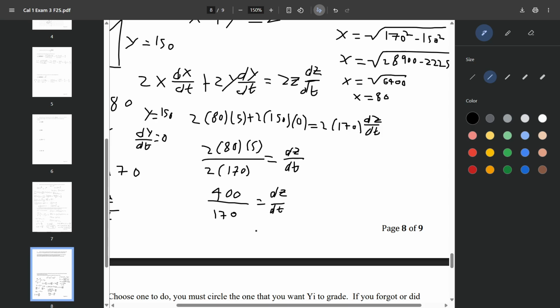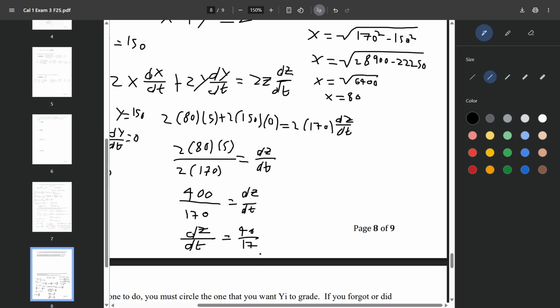And so our answer is going to be, I like putting the variable first, dz over dt equals 40 over 17.